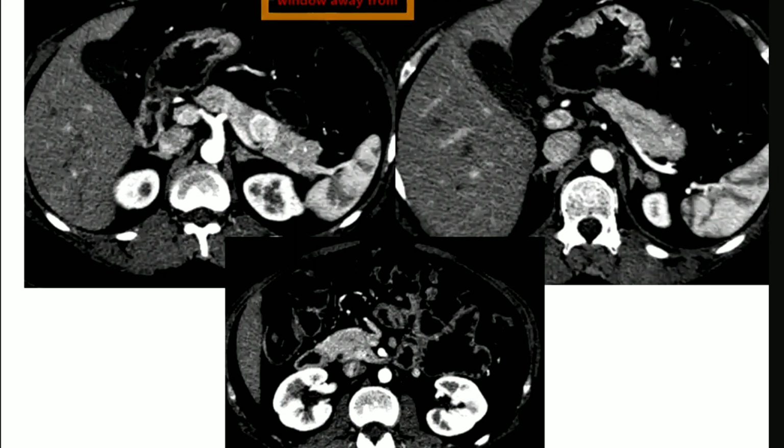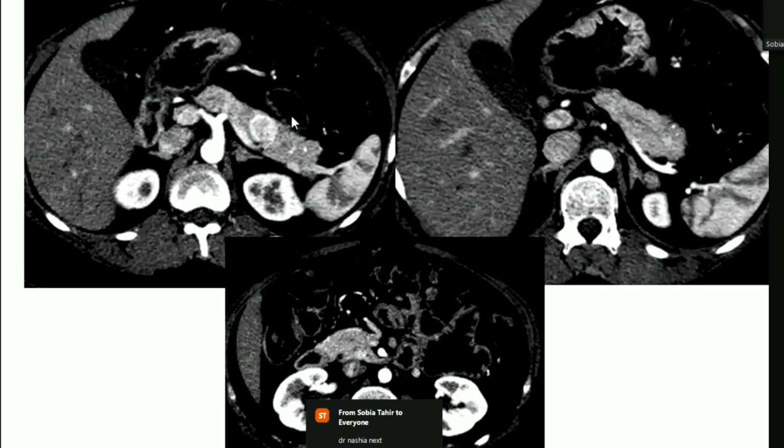I would see further images of the liver to see if there are any hypervascular masses in other sections of the liver, and would also correlate with the history of the patient and the lab workup, whether this is an insulinoma or glucagonoma, and that's it. Your differential diagnosis?